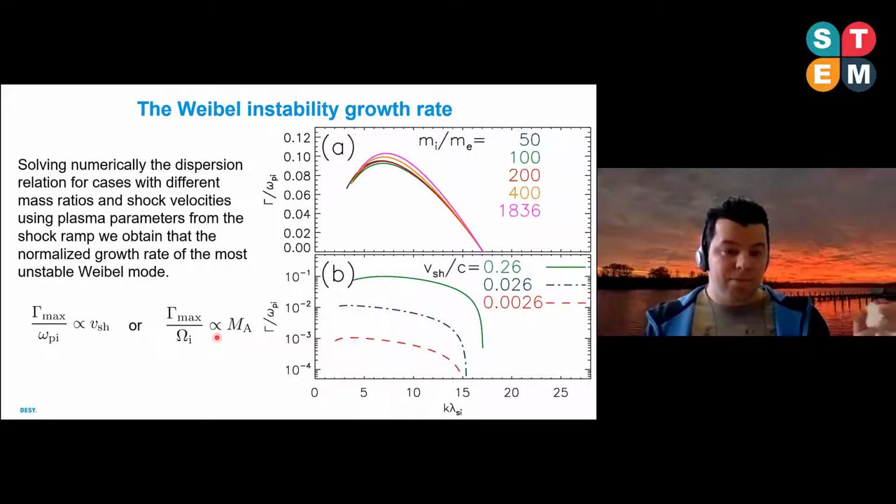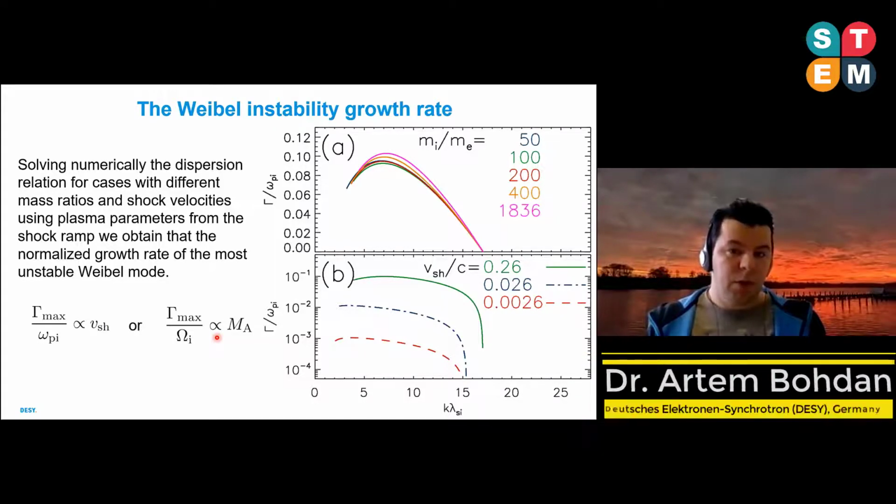Meaning that we can take the results of our simulation and directly compare them with the in situ measurements, because shock velocity doesn't play any role, mass ratio doesn't play any role, and plasma beta also doesn't play any role.